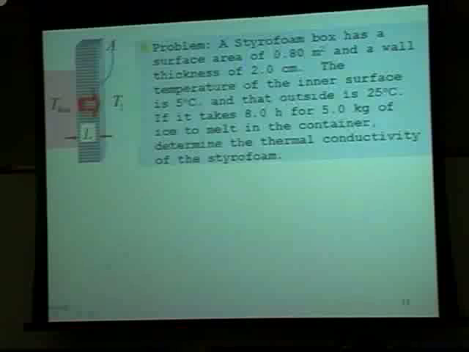Well, the key here is that your ice is going to melt. That's going to take a certain amount of energy to melt your ice. And we know from the previous class that that would be a phase change from solid to liquid.